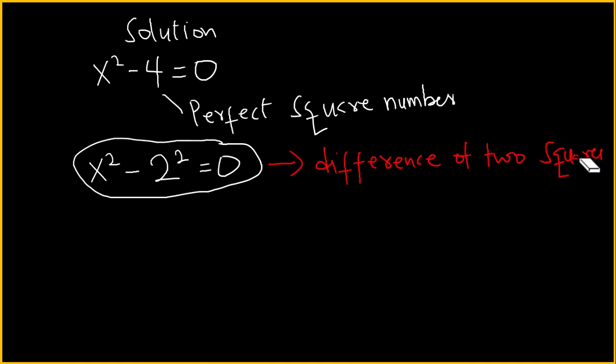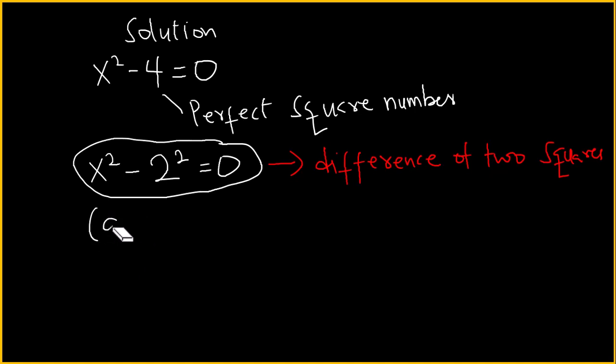There is a difference, which is the negative sign, and there are two squares, which are x² and 2².